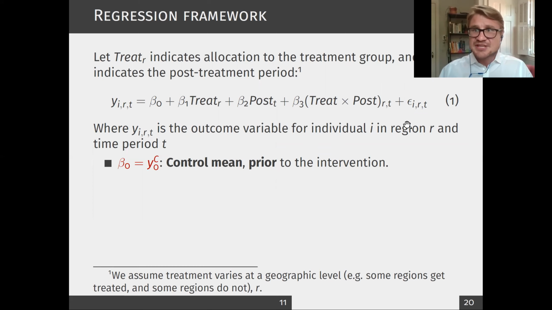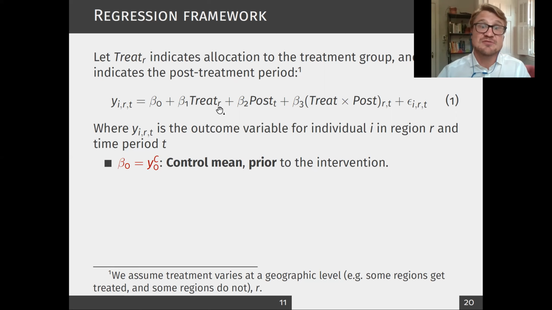So we have this additional subscript r, and the reason for this is that we might have a treatment that actually varies at, say, a regional level. Let's say states that implement minimum wage increases. So you have individuals living in a state r where a treatment took place in a specific time period, because the treatment might be at a much higher level of aggregation than the individuals themselves.